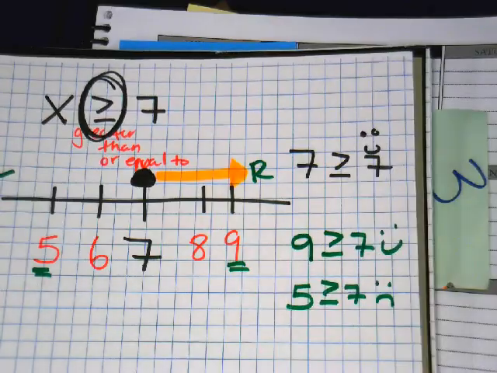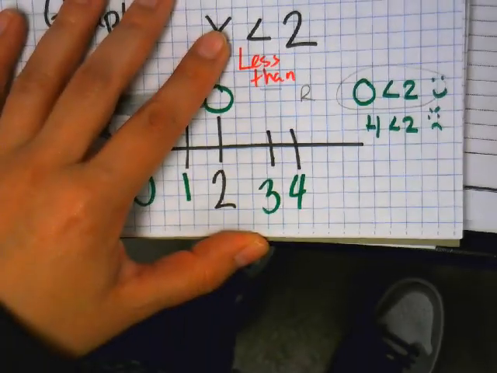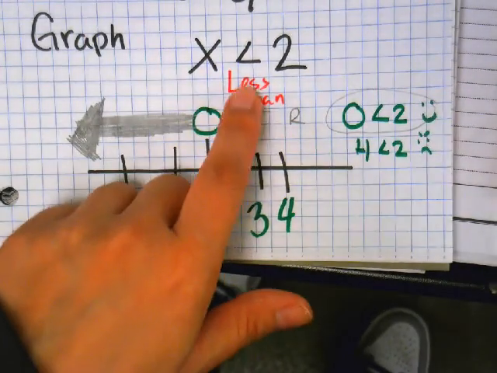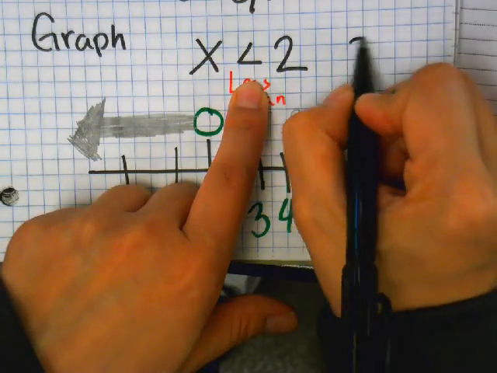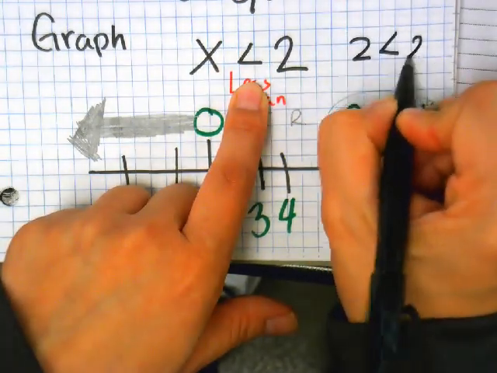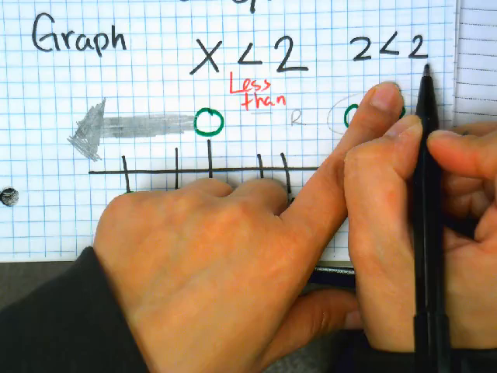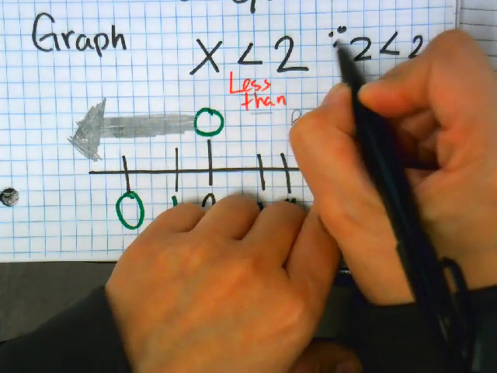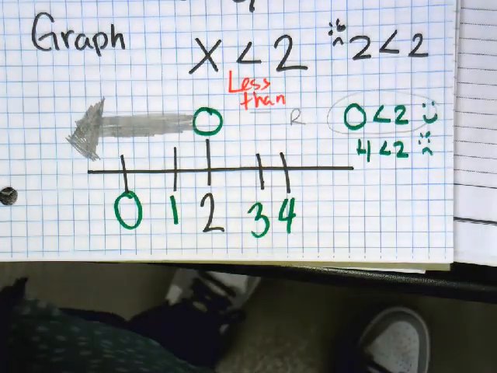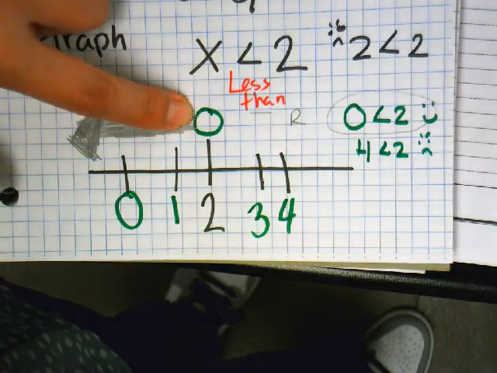If I go back to the last problem, which I will, can I use 2 as my answer? Is 2 less than 2? No. The alligator would be mad here. That's why, mathematically, we have an open circle.